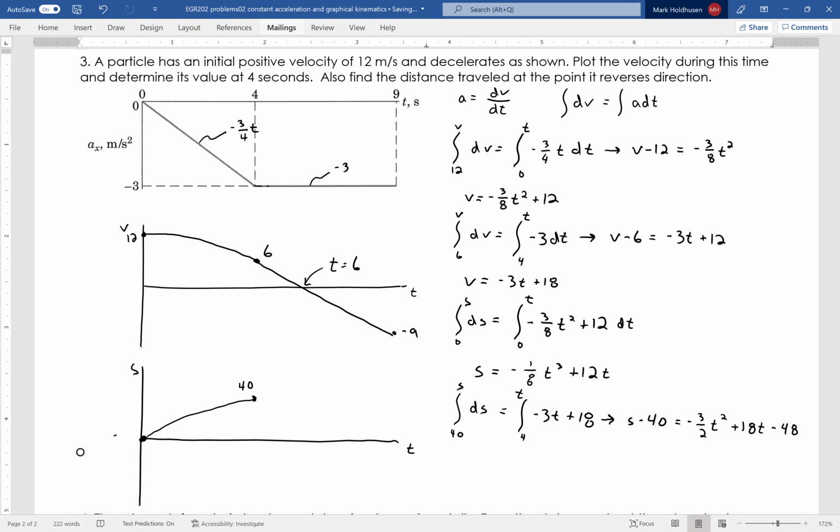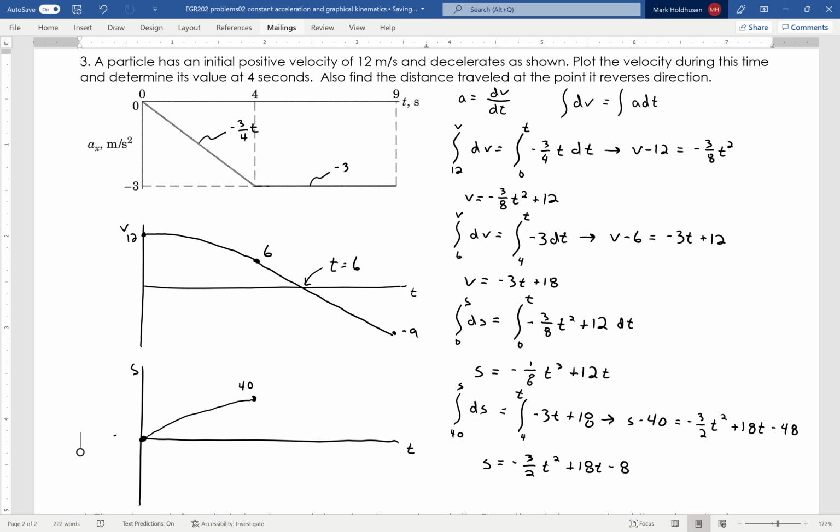Okay, and I'll let you figure that all out on your own. You can follow along. But then solving this for s, I get negative 3/2 t squared plus 18t minus 8. Double checking, when I plug in t equals 4, I get 40 for s.